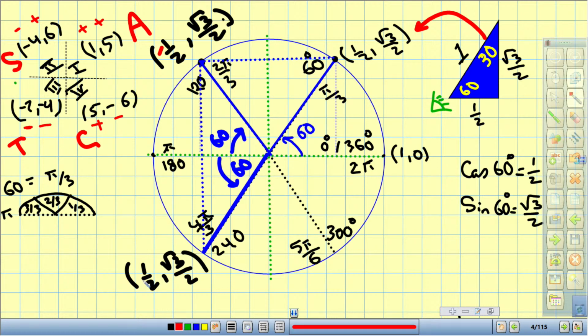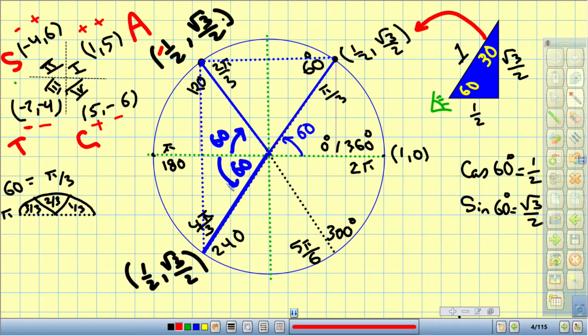What do you think I should have for the x and y here? Are they positive? Are they negative? What do you guys think? I'm in the third quadrant here. Is it positive or is it negative, the x's and y's? Again, if you're not sure, pick a point in the third quadrant.